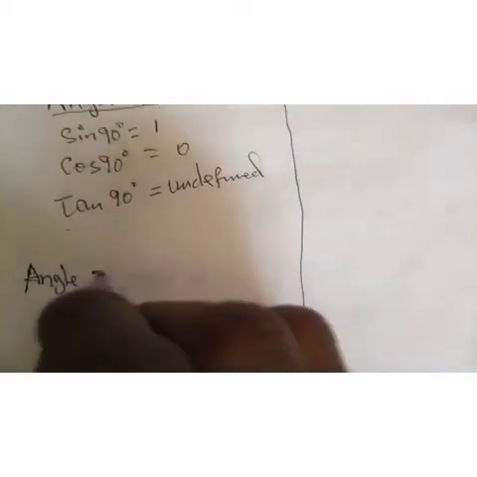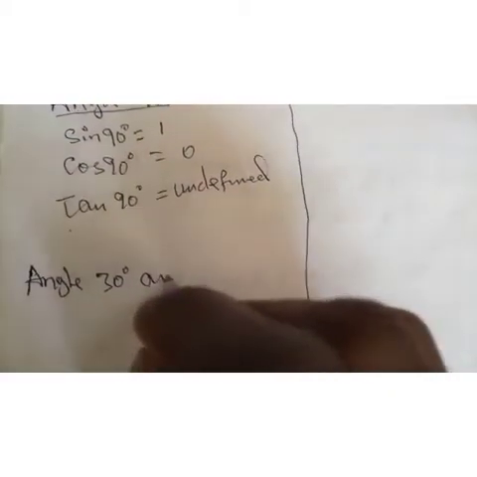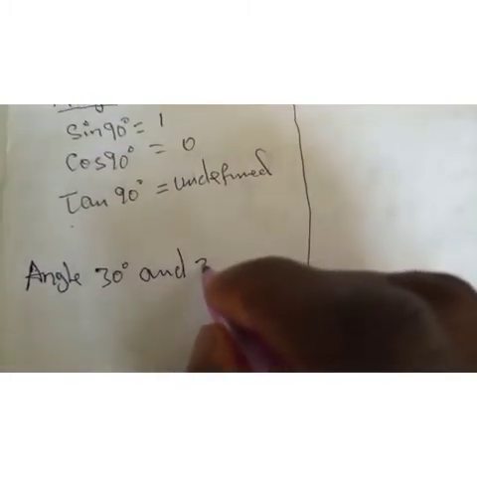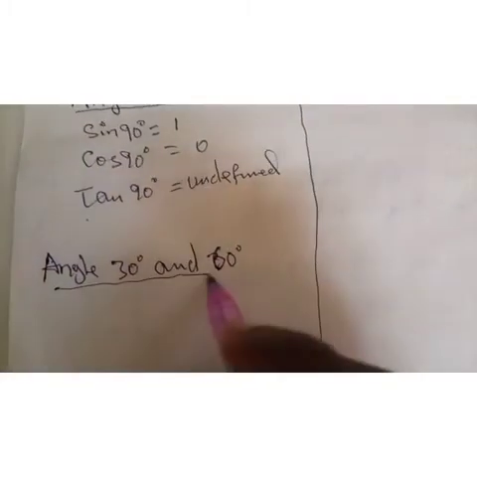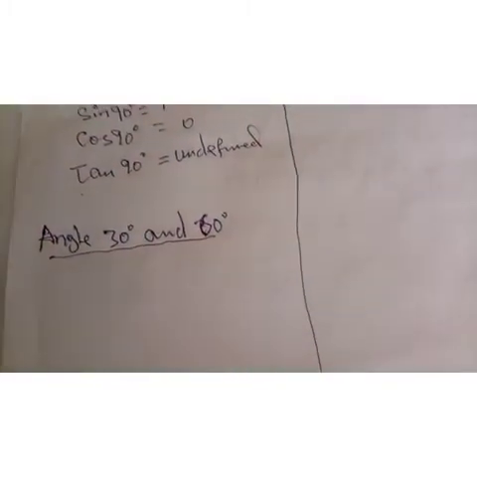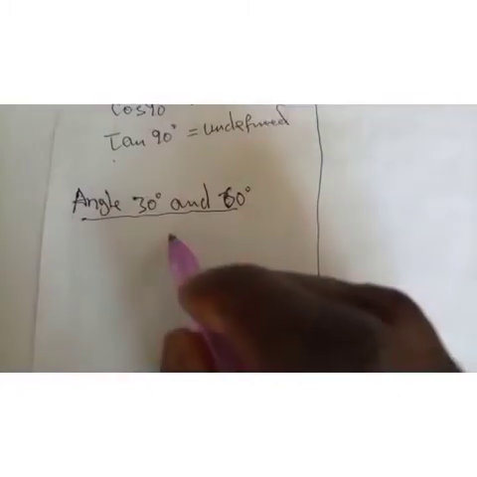So from here, for us to find sine 30, cos 30, sine 60, cos 60, tan 30, tan 60, we are going to use this.